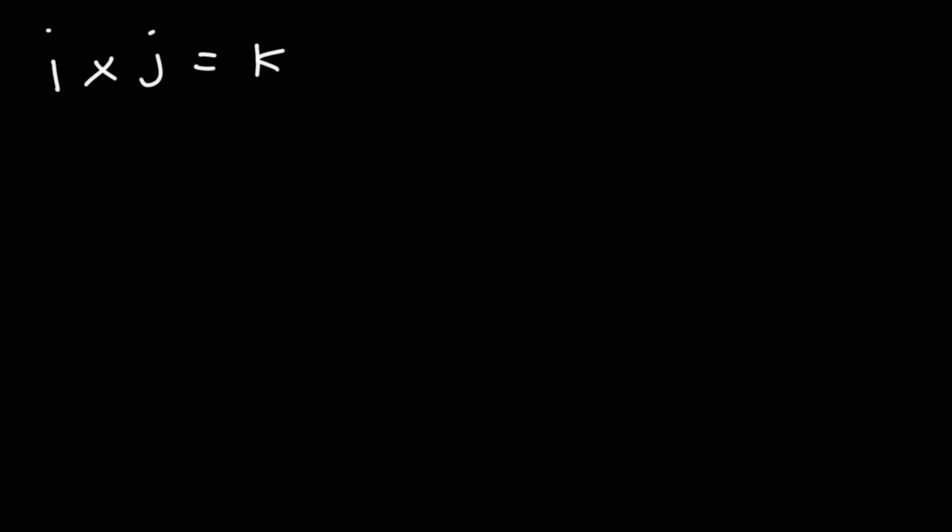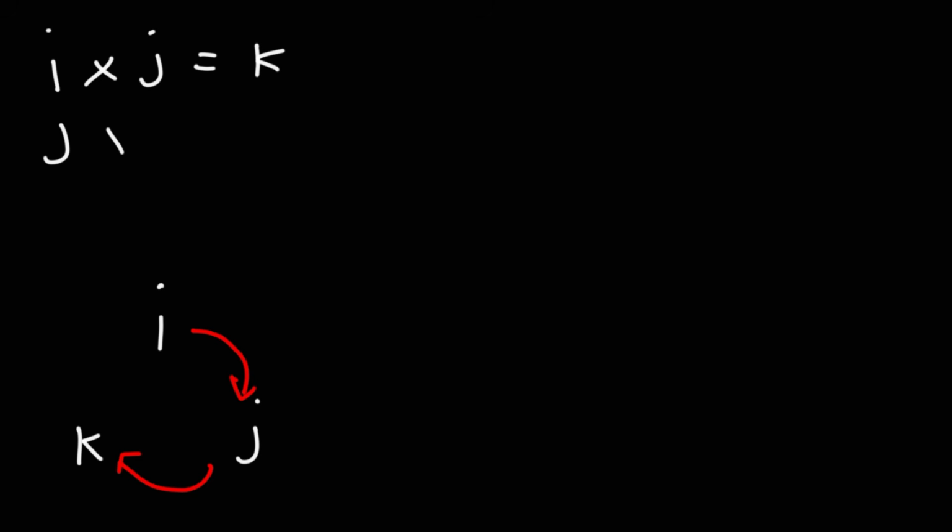And there's an easier way to remember this. Let's say this is i, j, and k. So when you multiply i and j going in the clockwise direction, it will give you k.